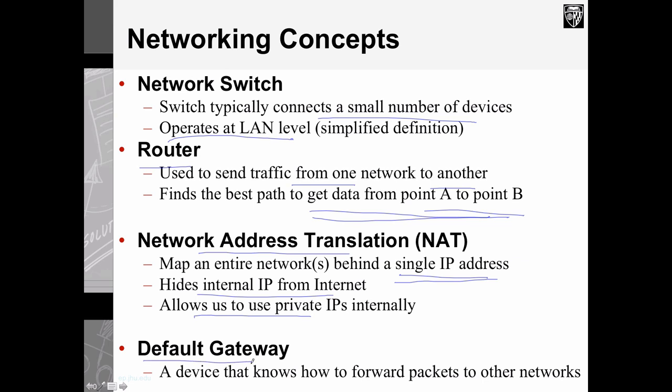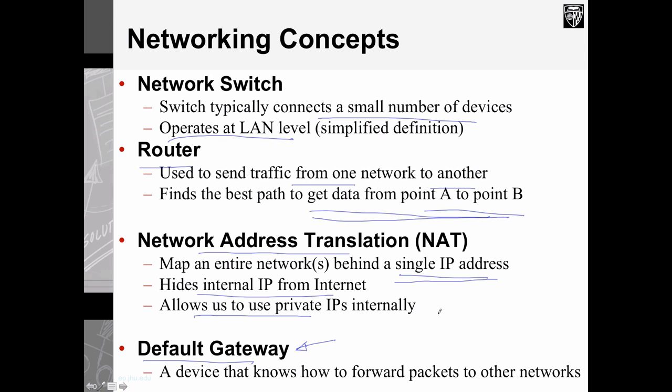The default gateway knows the next hop. It knows how to get packets outside to the internet typically. So all the devices will be configured with a default gateway or a default router that knows how to get packets to the next hop. So when you're on your laptop, you will have at least two routing rules.